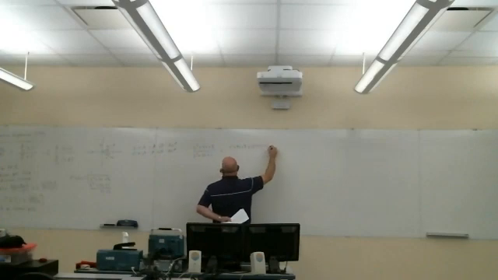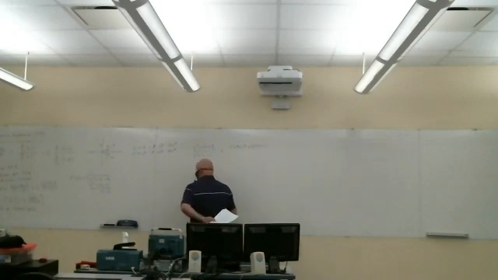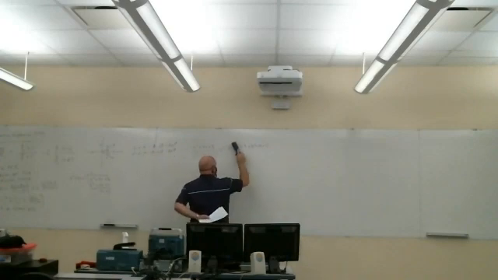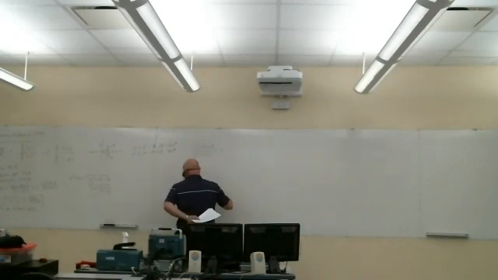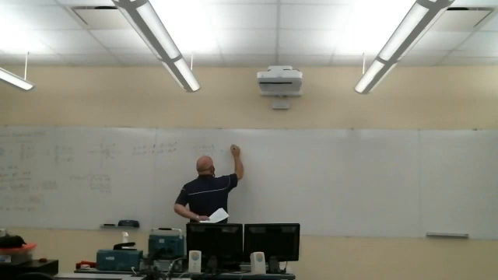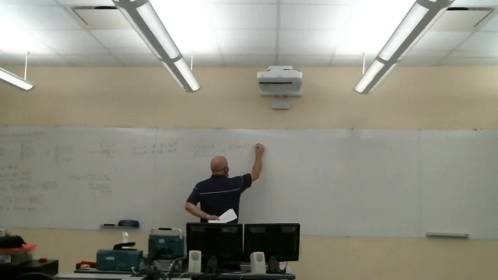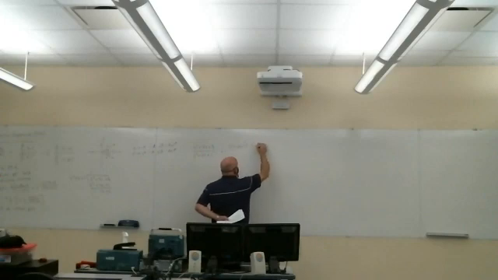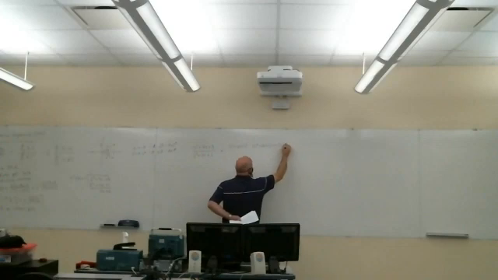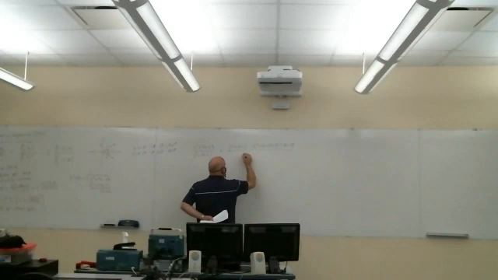Sorry, I think I'm writing it down in the wrong order, but it doesn't really matter. So add and then subtract the denominator term, 2s plus 1, plus s squared plus 4s plus 3, over s squared plus 2s plus 1.